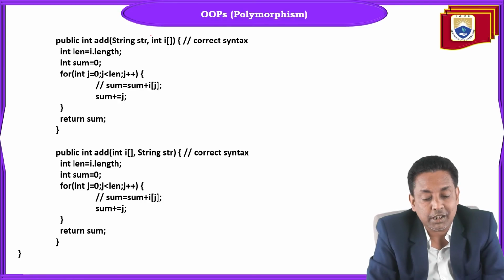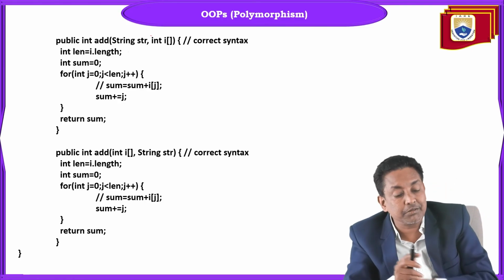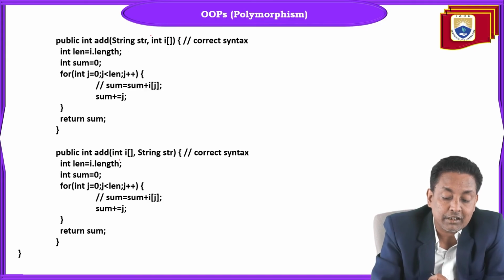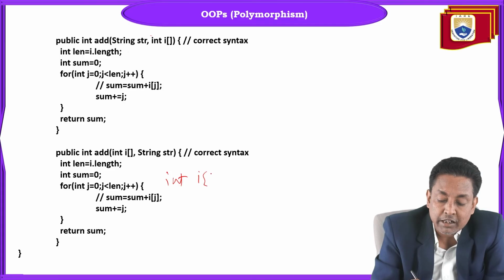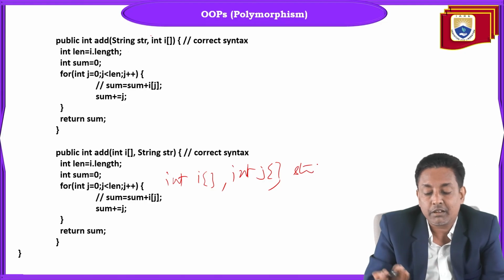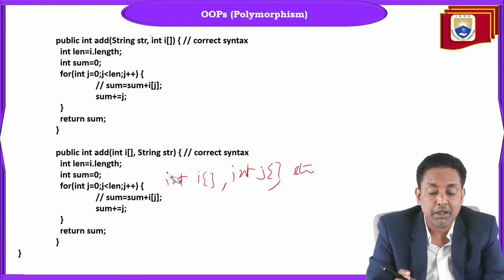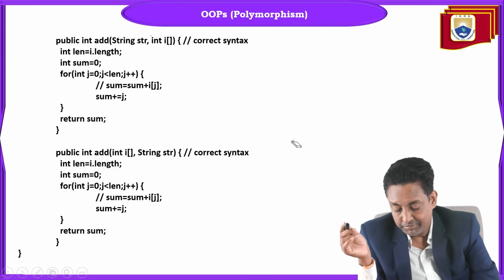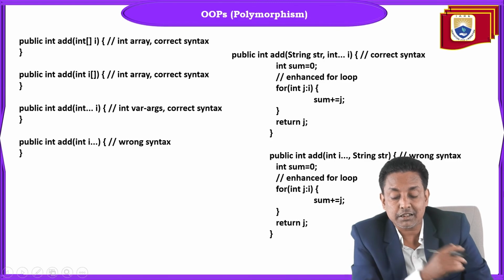Vararg cannot be used like that; it has its own limitations. String str comma int array is valid. Int array comma String str is valid. Two integer arrays, int I square bracket, int j square bracket, and String str are valid too. You can write any number of parameters with arrays. But with varargs, this is the constraint.